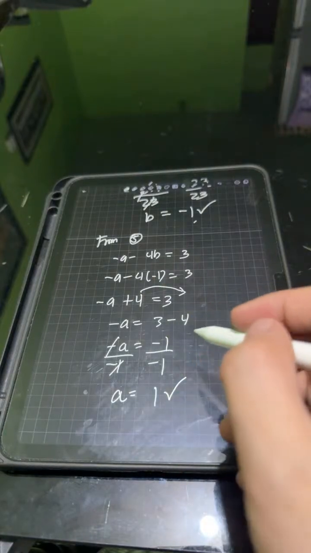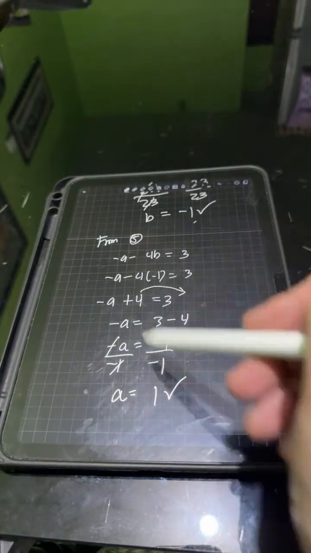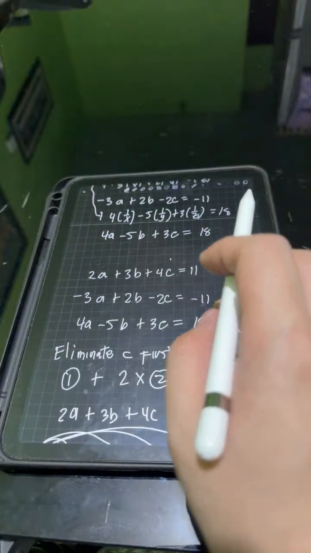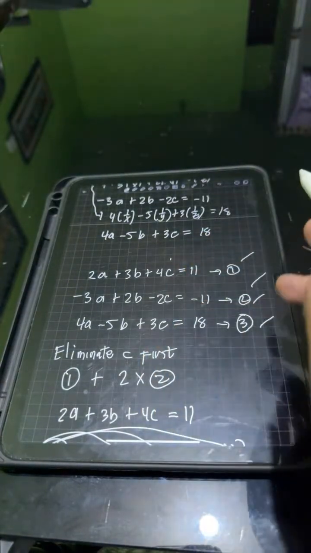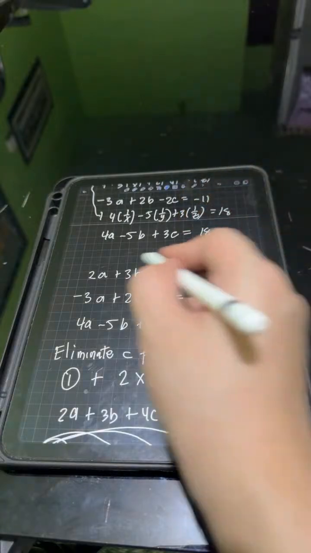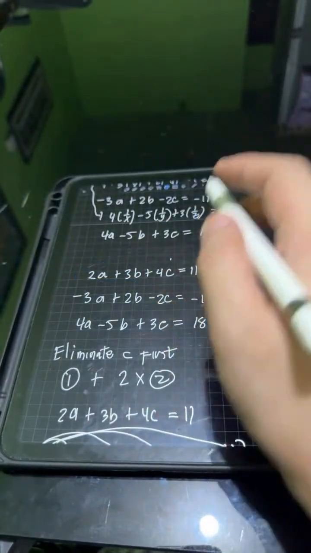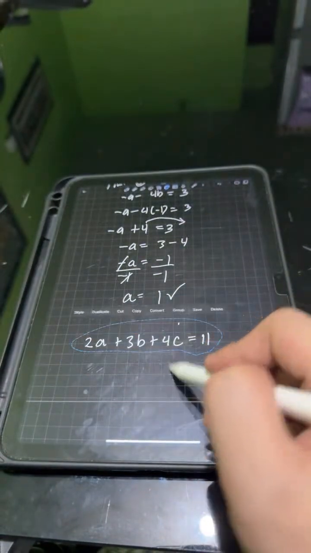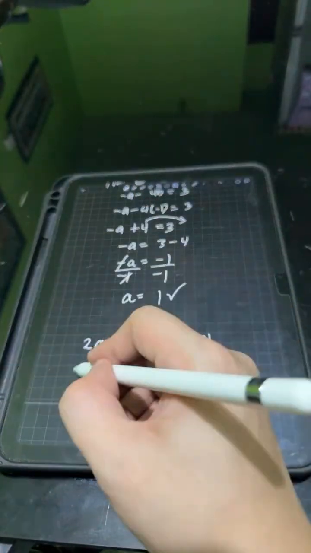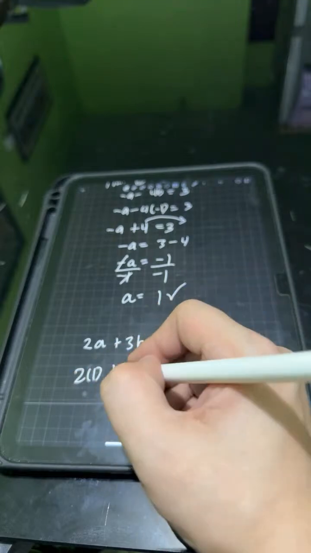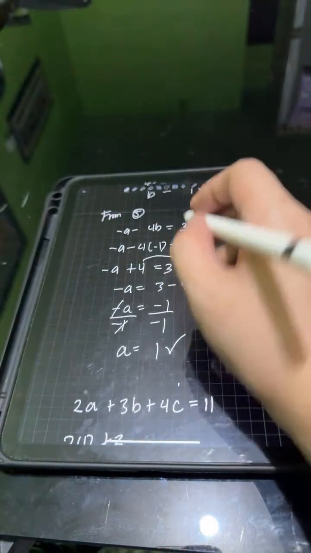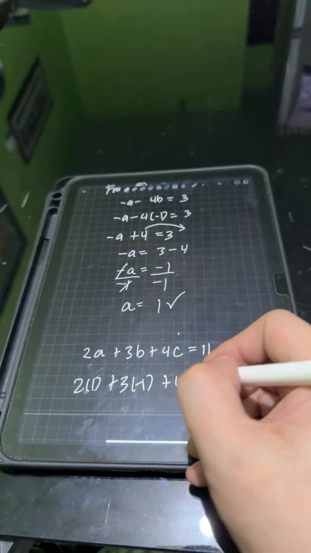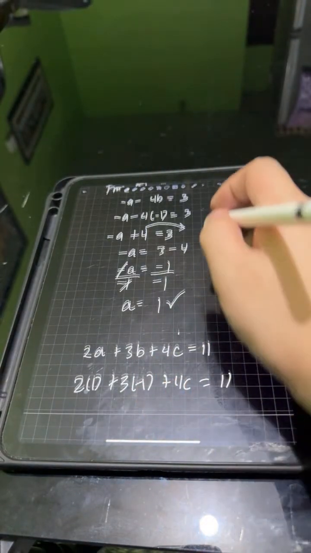Finally, we can solve for c. Now that we have a is 1 and b is negative 1, we can use any of the first three equations. Let's try to use equation 1. Substitute the value of a, which is 1. So 2 times 1 plus 3b, substitute the value that we got, negative 1, plus 4c, the unknown, equal to 11.